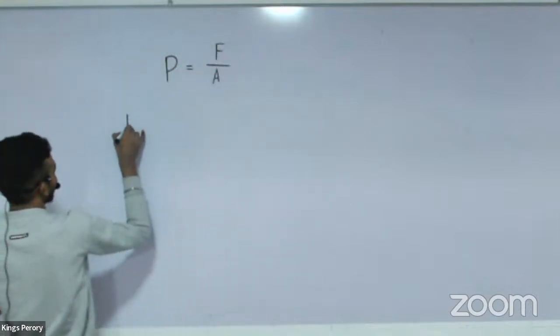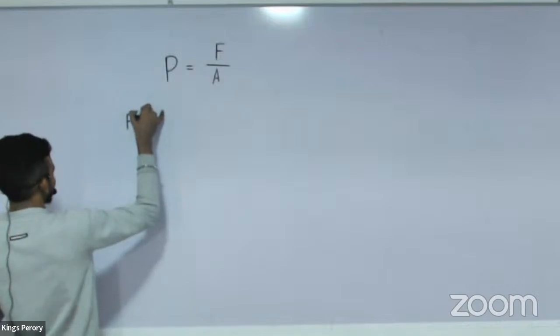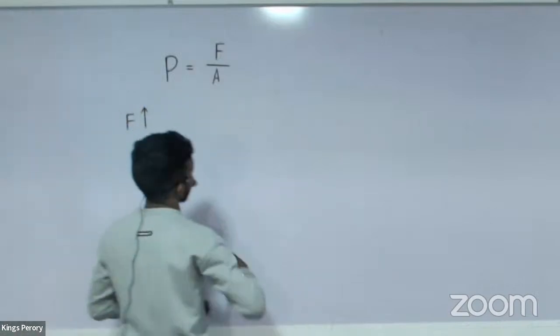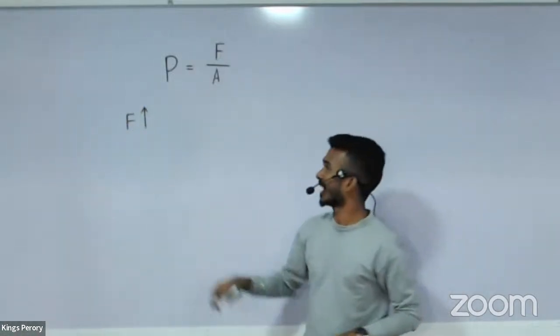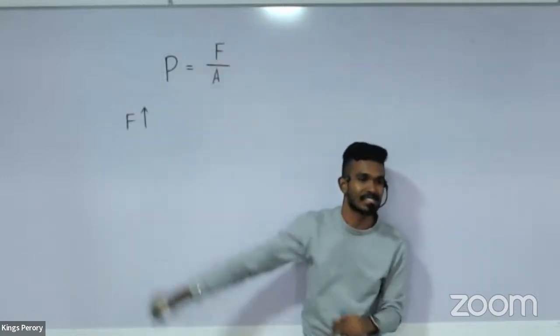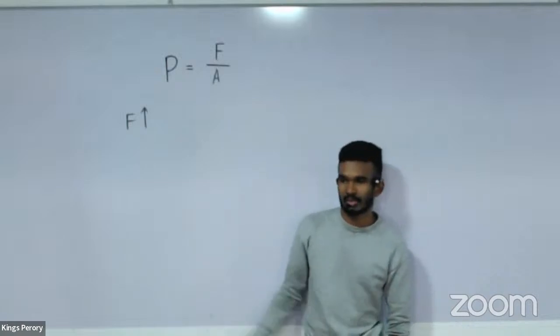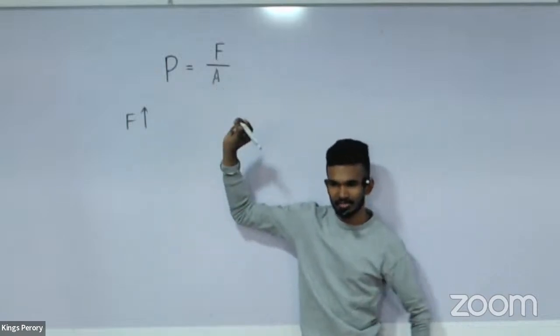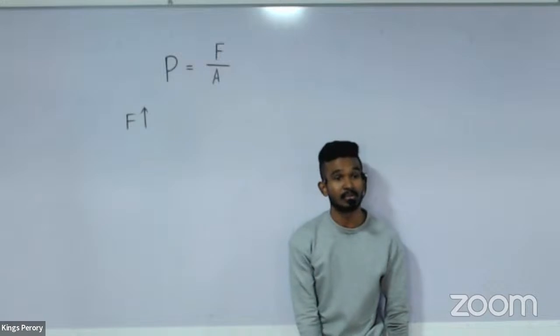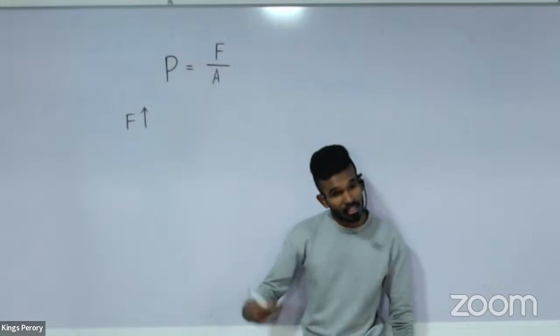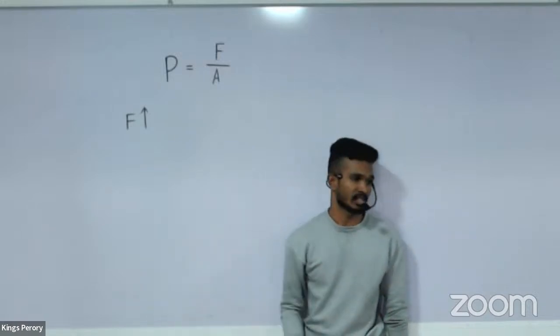If we increase the force, the numerator increases. Tell me what will happen to the final value. Numerator increased. What will happen to the final value? It will also increase.